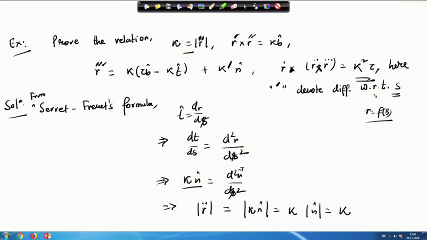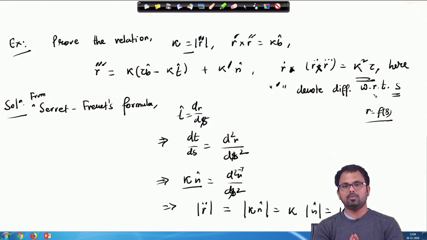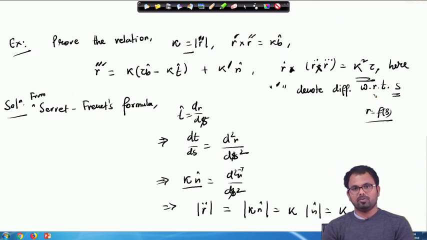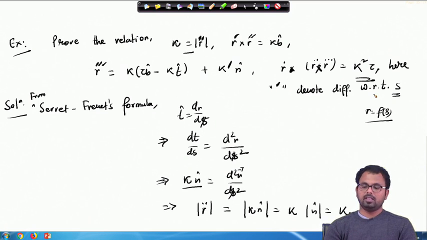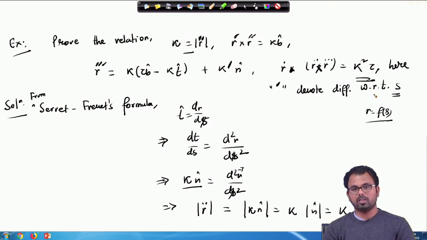This distinguishes it from the derivative with respect to t. Although it is not something to be confused about, just for clarity, in this example, to calculate the curvature kappa and the torsion tau, we have used derivatives with respect to s.